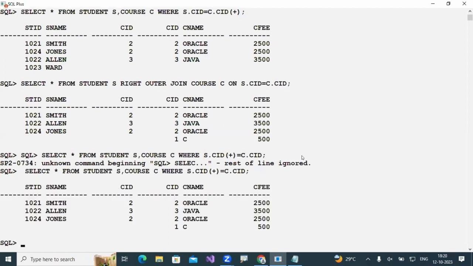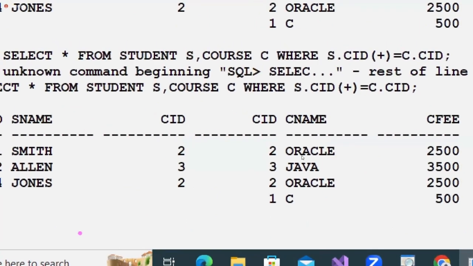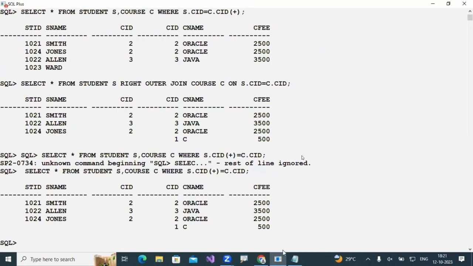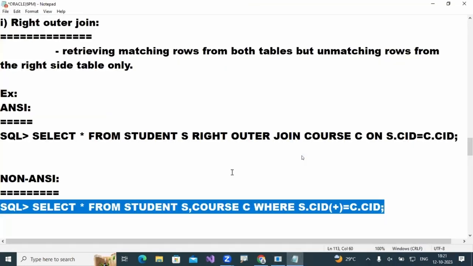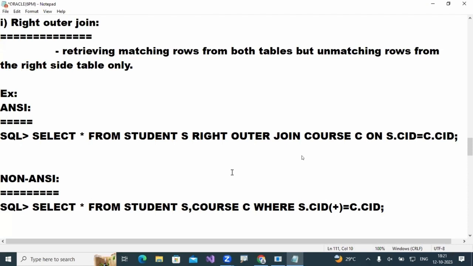Now we can see, you have to use quite the opposite: right outer means left side, left outer means right side. And where you applied it, from that table we get only matchings. So these are the two ways of left and right outer in non-ANSI.